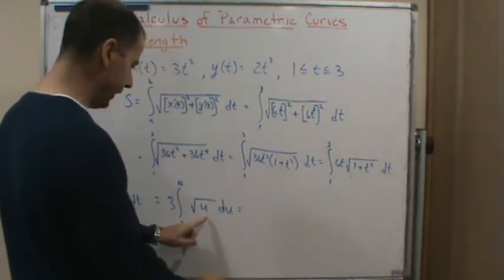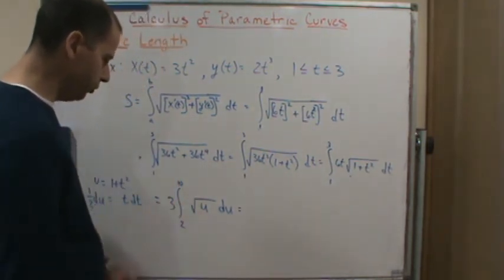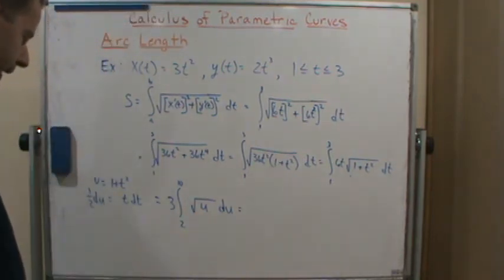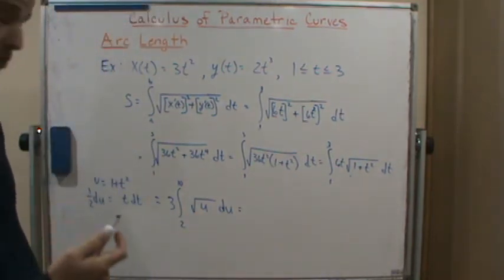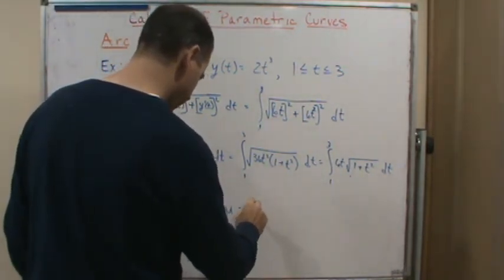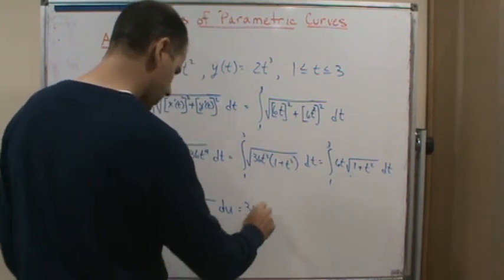So now we integrate the square root of u, right? So that's u to the 1/2. If we integrate that, it's going to go to u to the 3/2.